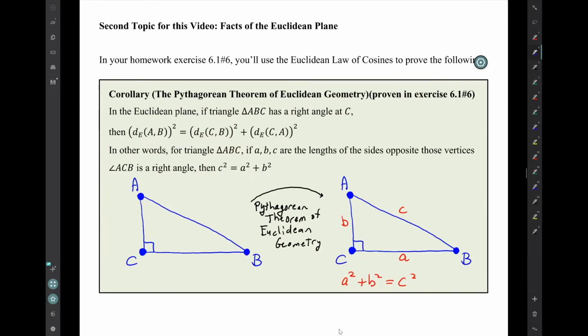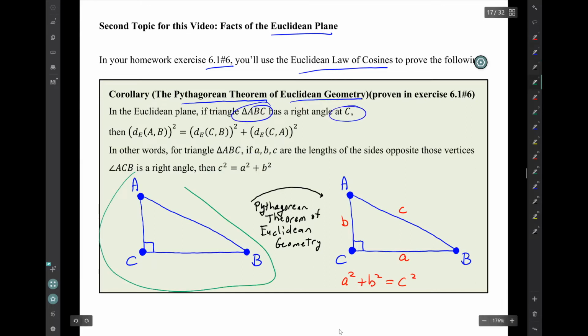The second topic for this video is some facts about the Euclidean plane. In your homework exercise 6.1, number 6, you'll use the Euclidean law of cosines to prove the Pythagorean theorem of Euclidean geometry. It says if triangle ABC, those are capital letters, has a right angle at capital C, this configuration, then if we label the sides opposite those vertices with small letters, then this equation is true.